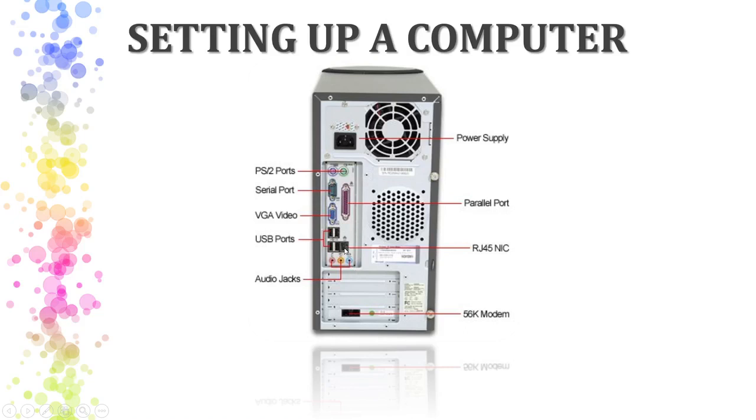Now see here the RJ45 and IC. It is an internet cable wire connector plug. If we want to connect our internet to the cable wire, then we can connect our internet cable wire here in the RJ45 plug.